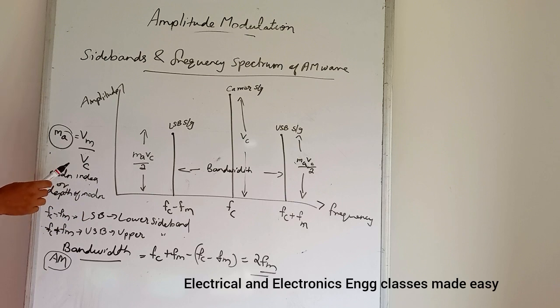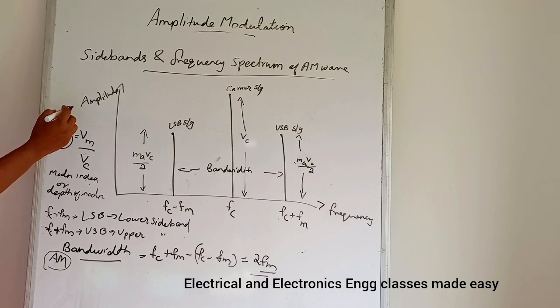And in amplitude modulation, the amplitude of the carrier wave is varied in accordance with the variation in the amplitude of the modulating signal. So, the extent of variation in the amplitude of the modulated wave can be expressed as the degree of modulation or depth of modulation, which is called the modulation index. And Ma, that is the modulation index, lies between 0 and 1. And if it is expressed as percentage, then it is called depth of modulation.